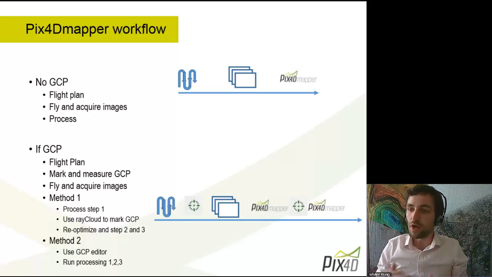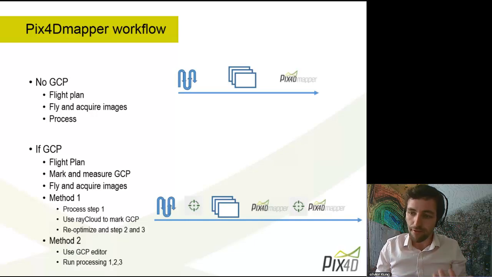Then you fly and you acquire the images. You take the images, put them inside of Pix4Dmapper and click on Start, and you get directly the results: the DSM, the orthomosaic, and the point clouds.